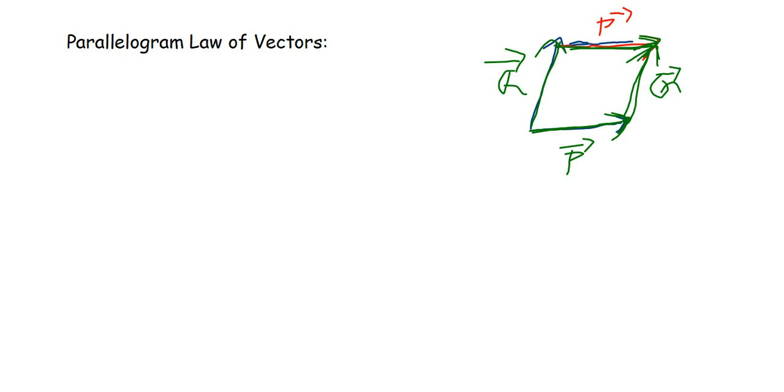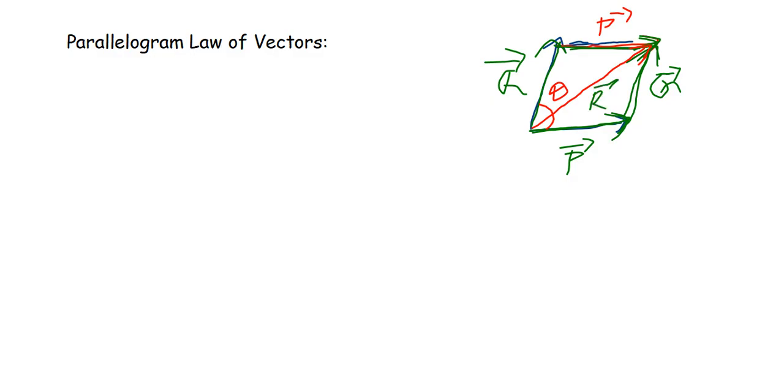So P bar and Q bar are two vectors. The angle between these two vectors is theta. And the diagonal passing from the origin of these two vectors is the resultant vector R bar.